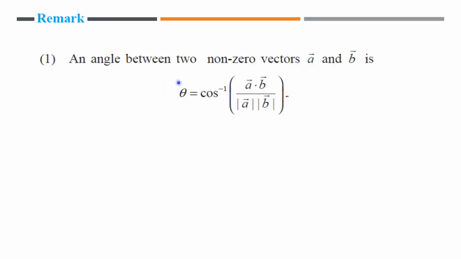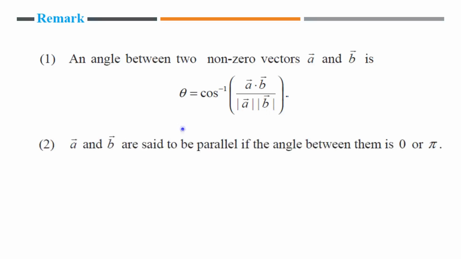So we find cos theta, and to find theta, that cos value comes to this side as cos inverse. So theta equals cos inverse of a vector dot b vector divided by modulus of a vector into modulus of b vector.